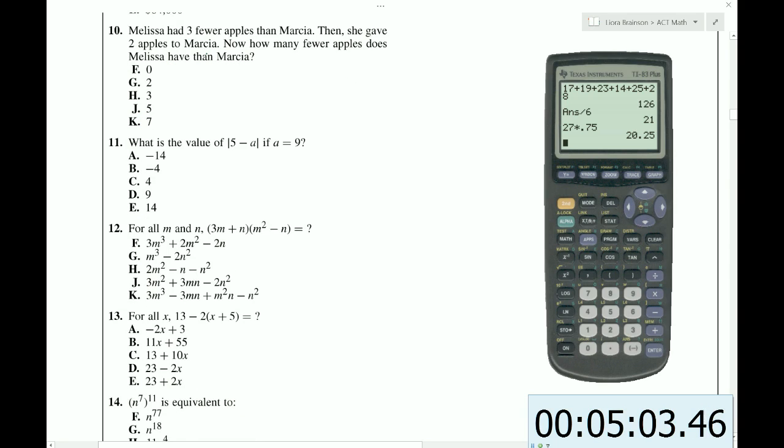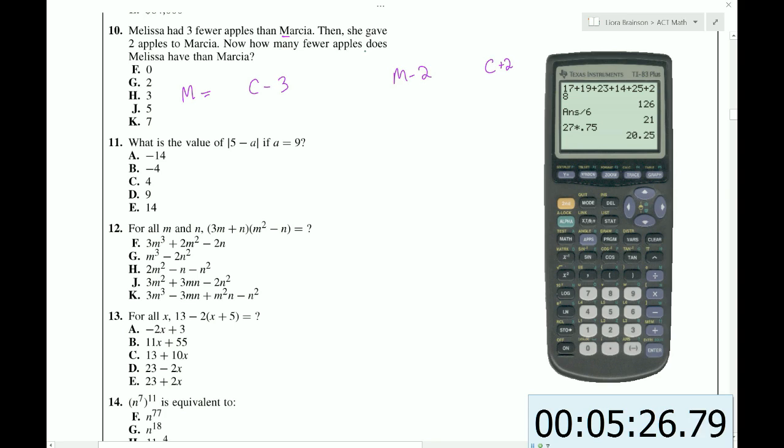Melissa had 3 fewer apples than Marcia. So let's use C for Marcia. 3 fewer than Marcia would be Marcia minus 3. Then she, meaning Melissa, gave 2 apples to Marcia. So now Melissa's count is subtracted by 2, and Marcia's count is added by 2.